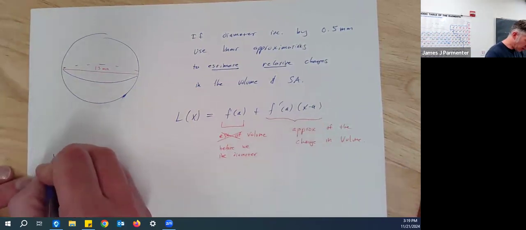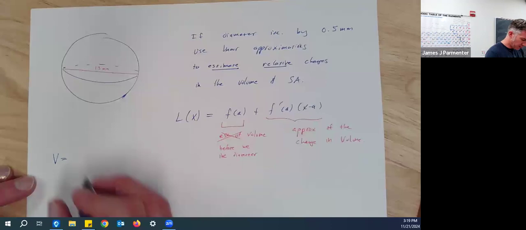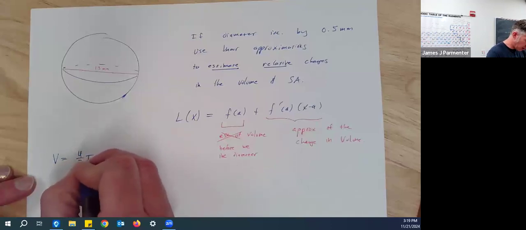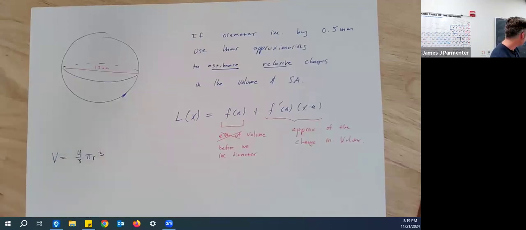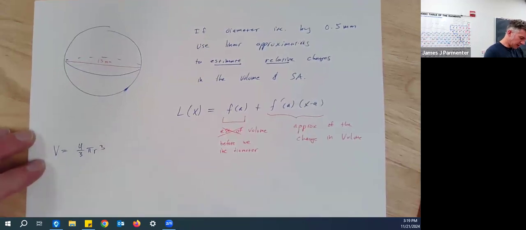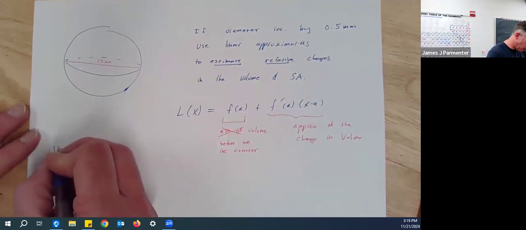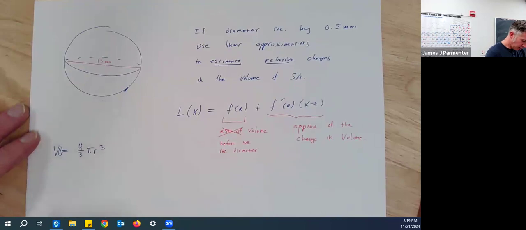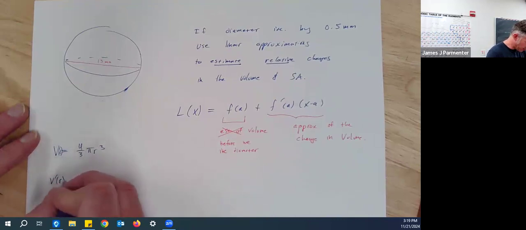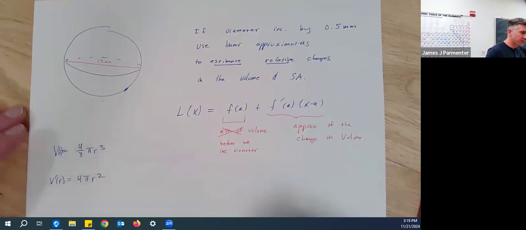We know that the volume of a sphere is 4/3 pi r cubed. And I guess I should write V of r here. And our derivative of that, which we're going to need, is 4 pi r squared. All right, the 3's cancel nicely here.